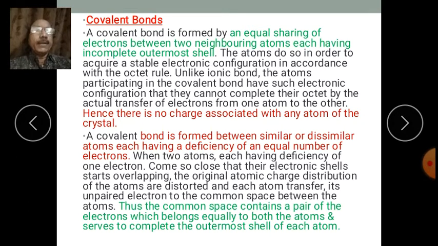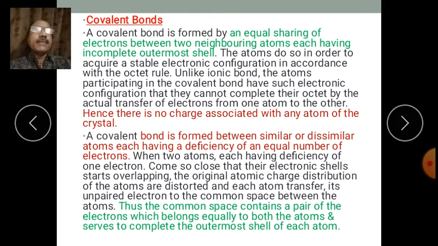So two or more atoms come closer to each other to share an equal number of electrons. Two atoms may share one electron each, or two electrons each, or three electrons each. In this way they share an equal number of electrons.